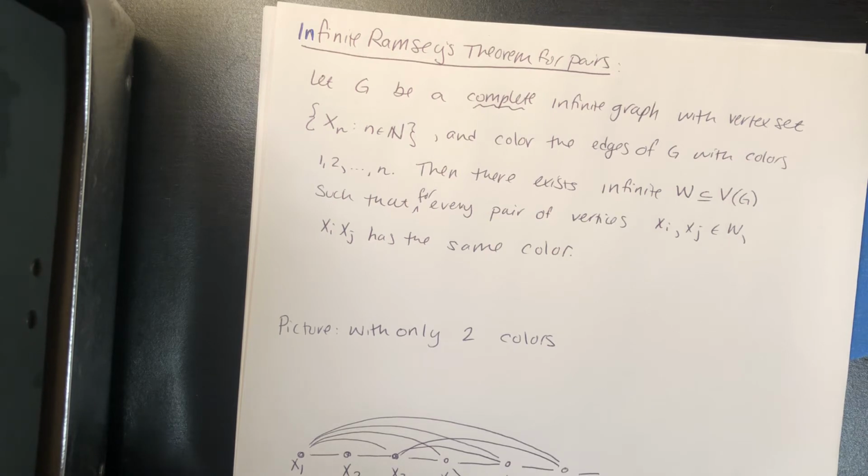rather than finite sets. And so the infinite version of Ramsey's theorem for pairs says that if G is a complete infinite graph with a vertex set x_n, where n is a natural number, so essentially we're saying it's a graph with countably many vertices, the natural numbers, and every possible edge between them.